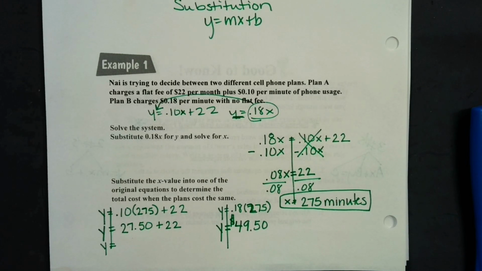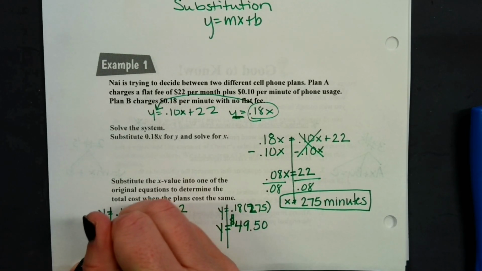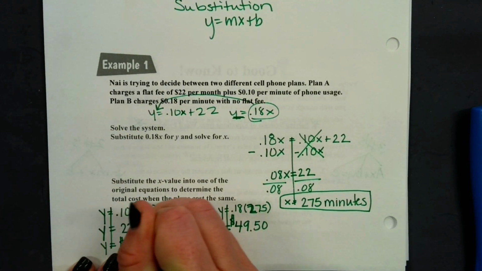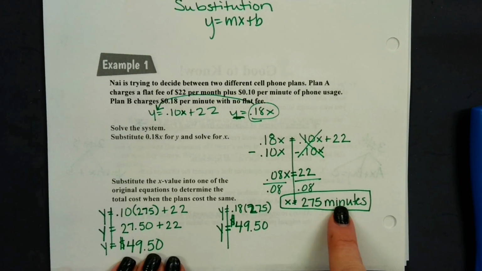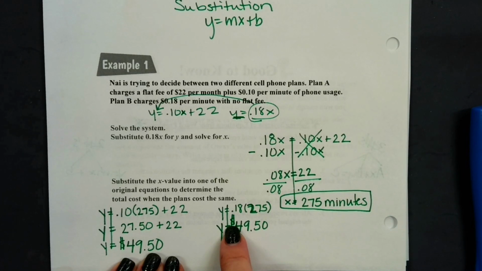For $27.50 plus 22, what do you get? What did we get? $49.50. So we're saying at 275 minutes, both cell phone plans cost the same at $49.50. Do you notice how I'm labeling this with minutes? I labeled this with dollars. Am I going to expect that you label?